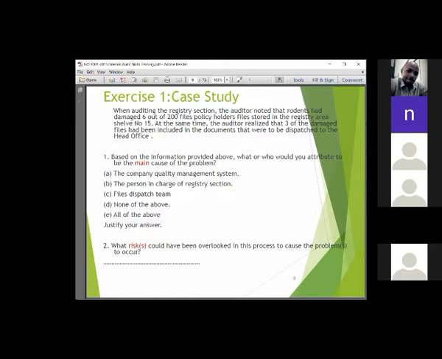We are not looking at the causes or the factors. We are looking at the main factor. For you to solve a problem, it's good to be a bit specific, so that you know who you are going to handle. So here we are looking at the main. If we are considering the main, which one will you go for?